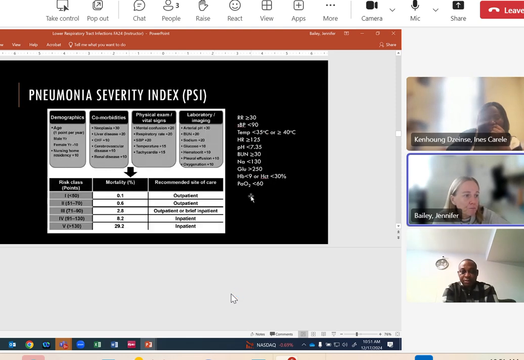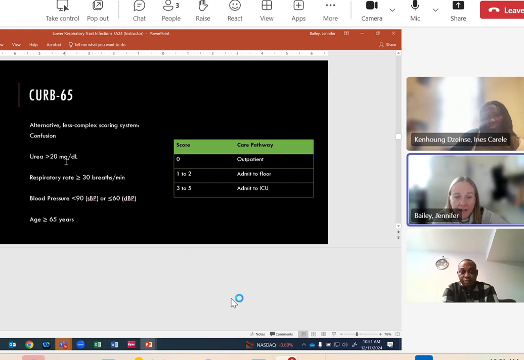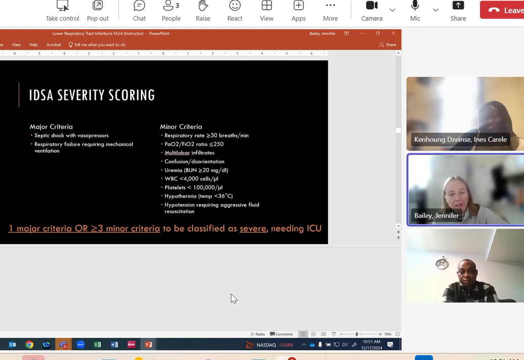The PSI, or the Pneumonia Severity Index, is here. It's a little bit more complicated. The CURB-65 is a little bit of an easier tool because there's only 5 variables and they're pretty easy to measure. And then the IDSA, the Infectious Diseases Society of America, the main thing that they distinguish is just who needs an ICU.